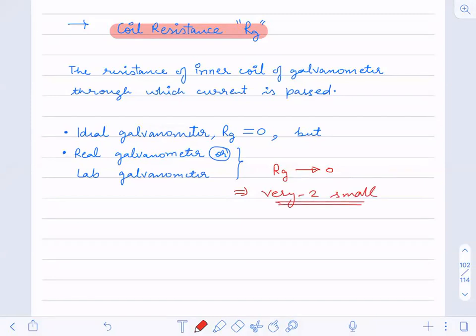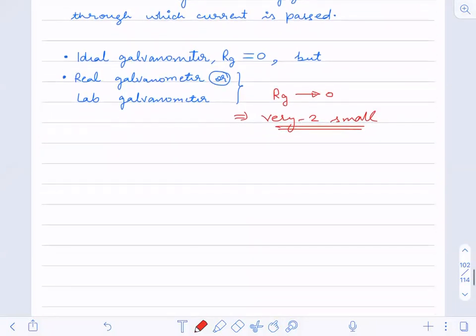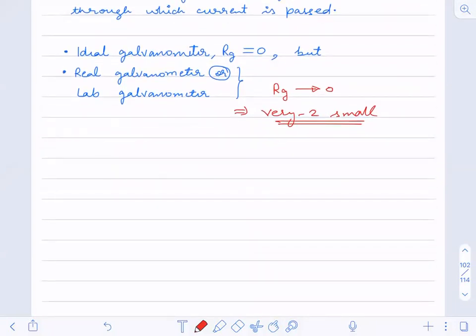Now let us understand why I'm saying that an ideal galvanometer must have 0 resistance. Why must an ideal galvanometer not have a resistance in it? Now suppose this is a resistor, and I am telling you that this resistor is of 2 ohms.